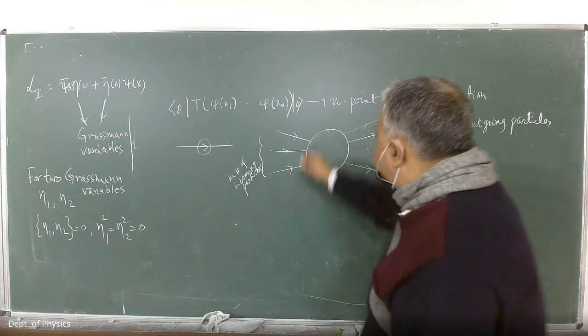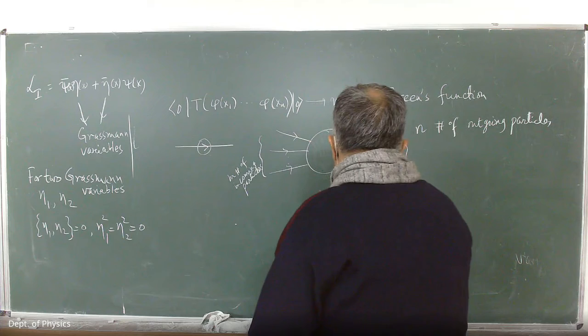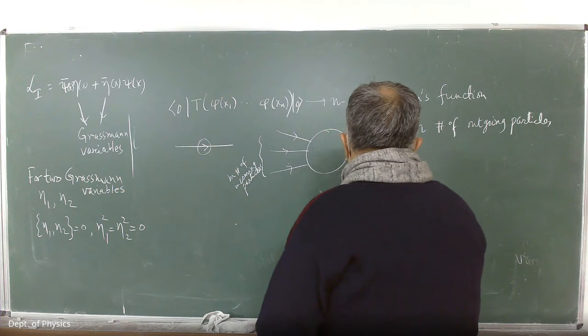So the total Green's function which describes this device will be described by an n plus m point Green's function.